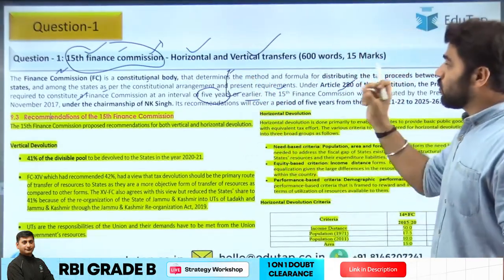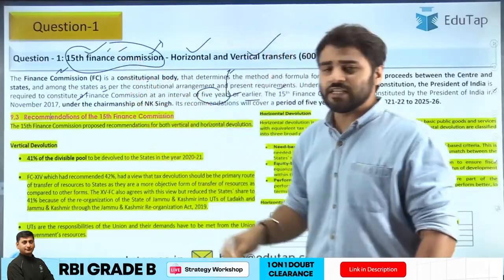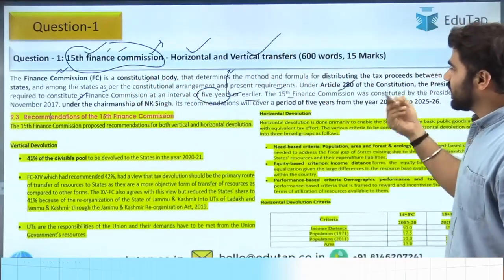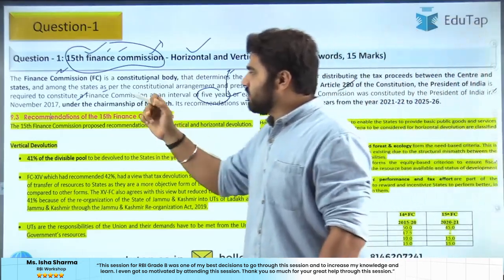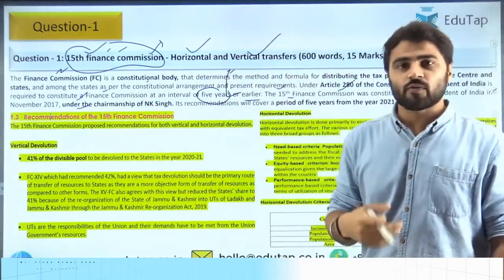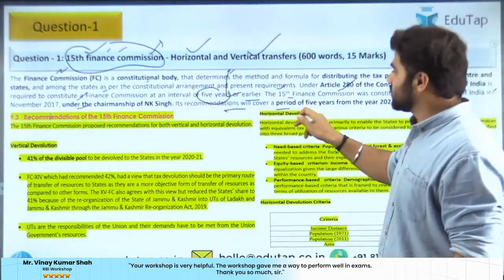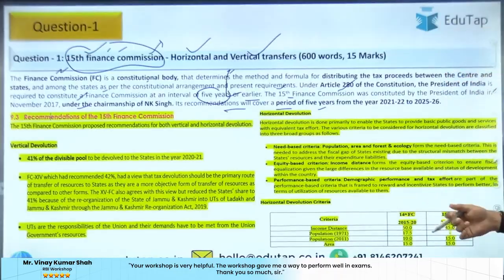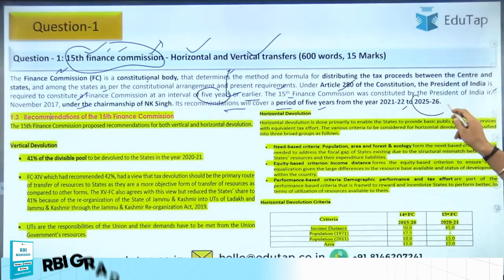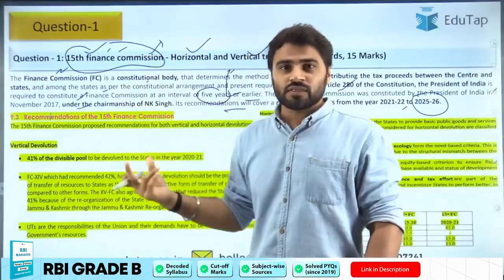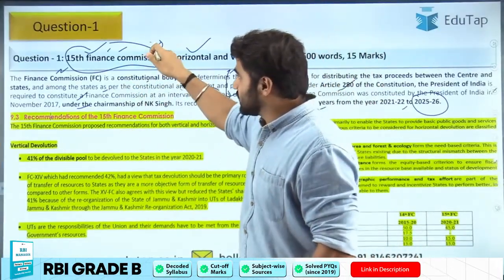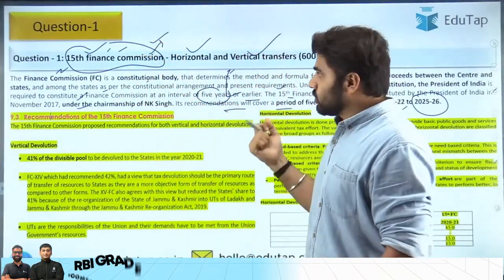Now, you are more focusing on the 15th Finance Commission, right? So, the 15th Finance Commission was constituted by the President of India in November 2017 under the chairmanship of N.K. Singh. Its recommendations will cover a period of 5 years from 2021-22 to 2025-26, right? So here you can introduce the main topic which has been asked in the question, right?